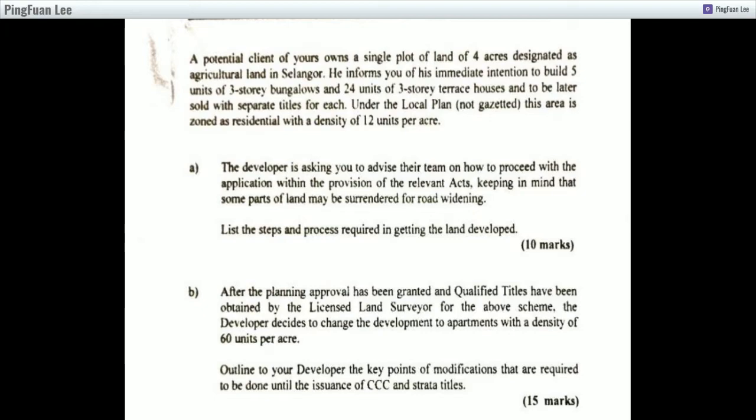So in this situation, how are you going to develop the remainder piece of land that you hold into an apartment? The simple answer is that it will be quite difficult to do. Further to that, if you want to re-alienate a piece of land that has been surrendered previously, what is the process to do it?